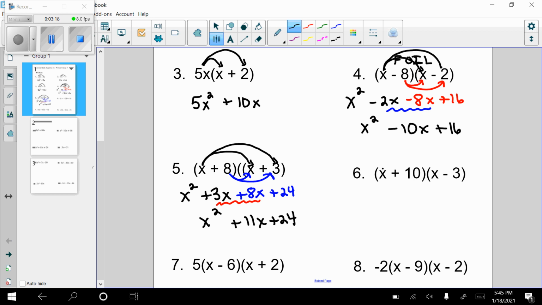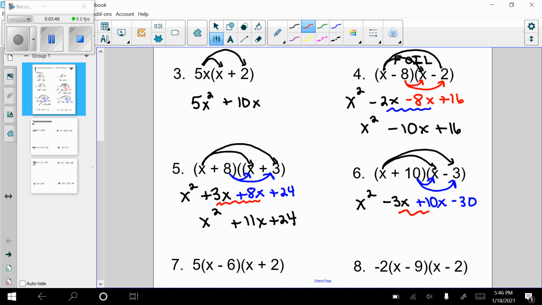Okay, so this next one, I got x times x, which is x squared. x times negative 3 is going to be a negative 3x. So there's first, outside. Inside is going to be a plus 10x. And last is going to be 10 times negative 3, which is negative 30.